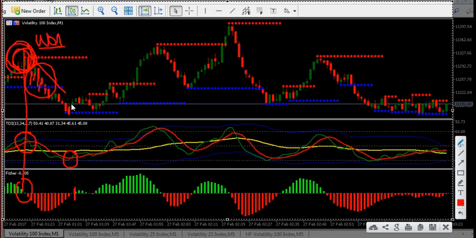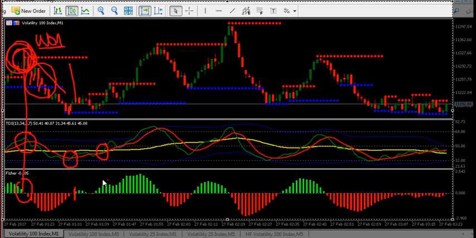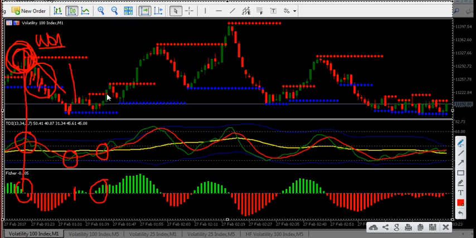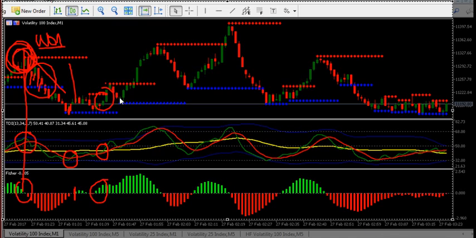So that would be 1, 2, 3, 4, 5. For this one we would have won that as well. But let's say probably we enter from here, and from here you can see 1, 2, 3, 4, and 5.